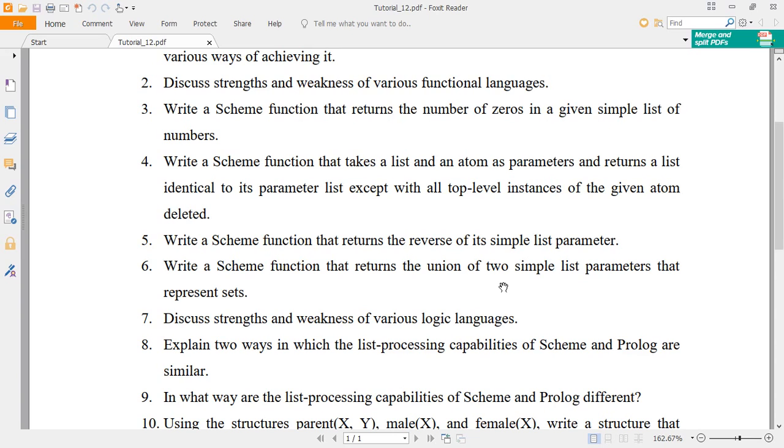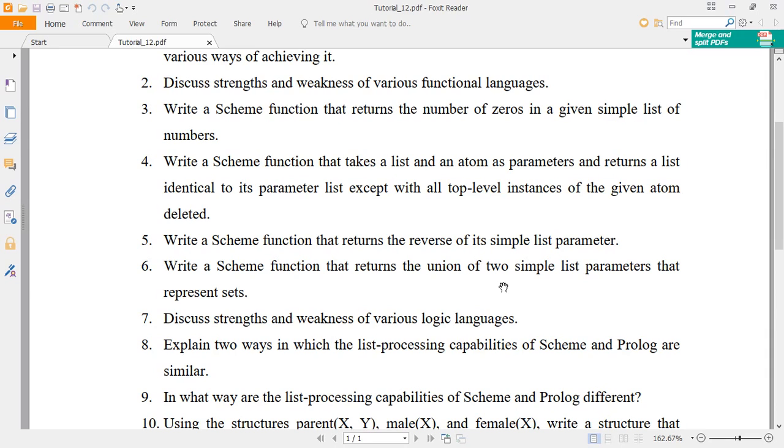CDR will give you the list by eliminating the first element. That means CAR will give you the head of the list and CDR will give you the tail of the list. Anyhow, we have seen a sufficient number of examples for list operations during lectures 38 and 39. So you are again encouraged to go through those programs, and then you can easily answer this question.